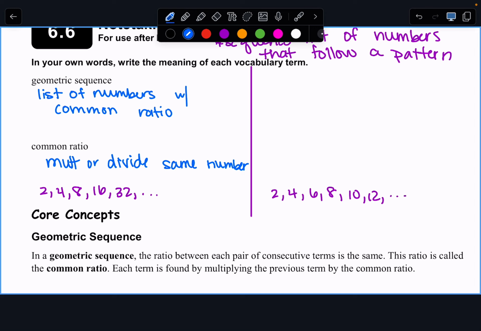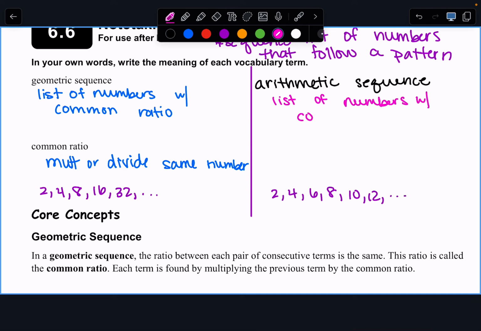Now, I do need you also to recognize what we call an arithmetic sequence. And this is displayed down here. It's a list of numbers with a common difference.